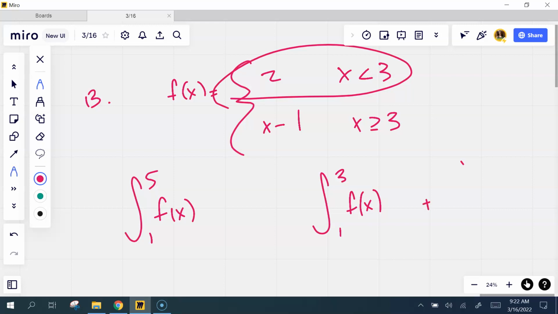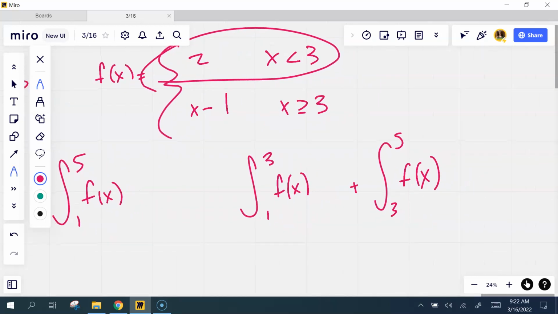And then from 3 to 5, you're picking up from that value. So think about area under the curve. So you're going up to 3 and stopping.